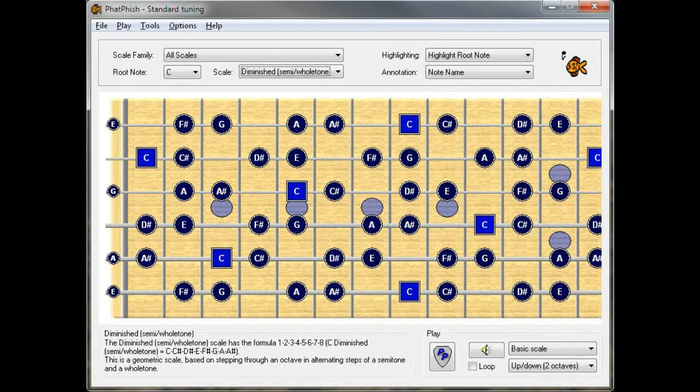Okay, now here we're looking at C diminished, and what you need to bear in mind is that for some of the note names, you need to consider the enharmonic equivalents, the notes of the same pitch that have a different name. So here we've got a C sharp as the second degree of the C diminished scale. That C sharp, you could also call it a D flat. And that's the thing with geometric scales.